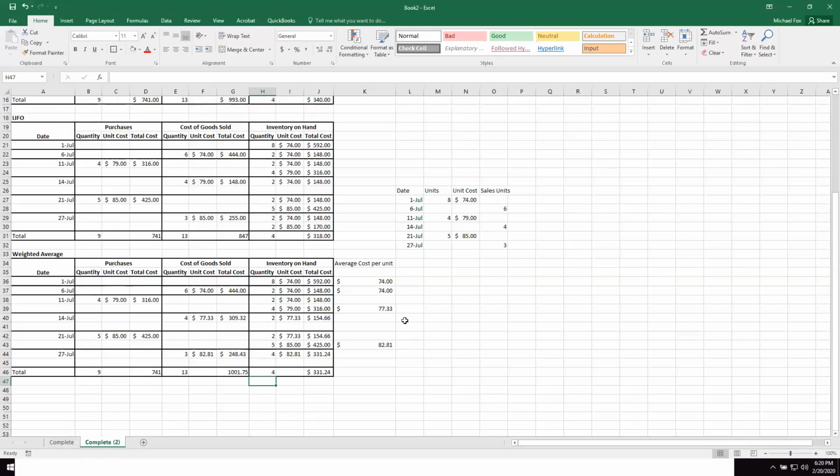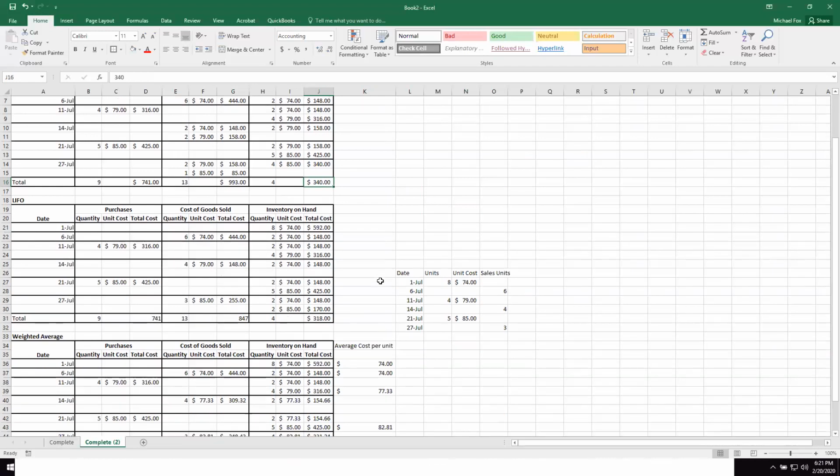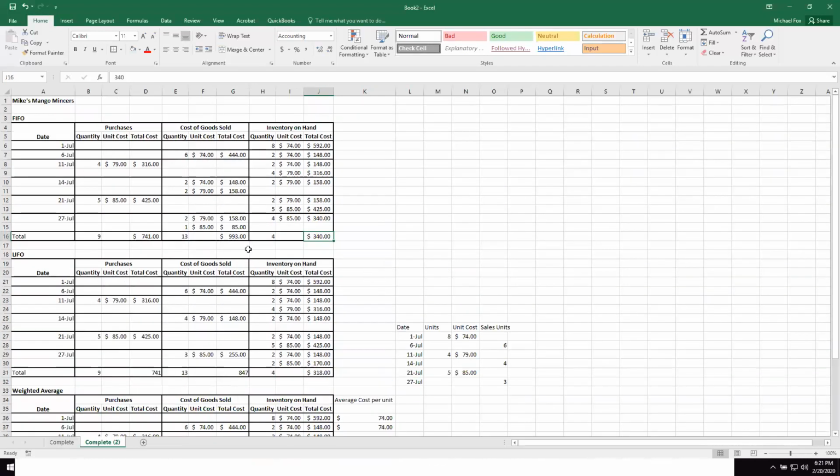What you'll see is, in this scenario, we were in a period of rising costs. We paid 74 for our first units we had, then 79, then 85. So what we'll see is when we do first in, first out, our cost of goods sold will be the lowest, and our remaining inventory on hand will be the highest.